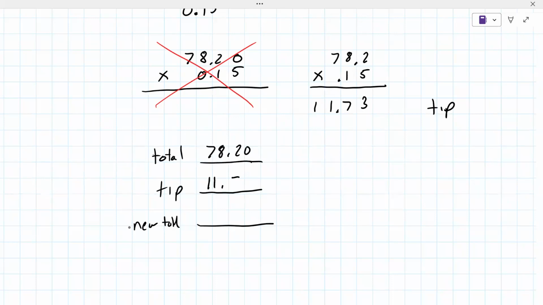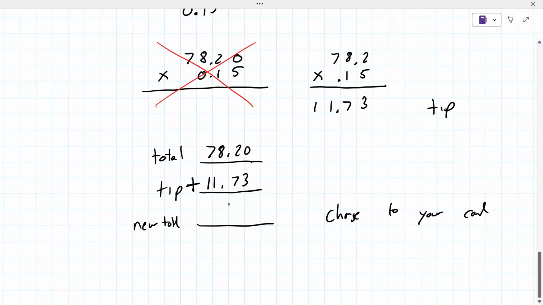The tip is 11.73. How much are they going to charge to your card? Most of us pay with cards now. What do we do to these two numbers? All right, still not sure. You add them together. Okay.